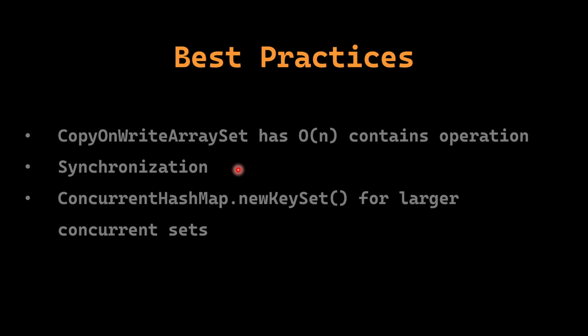Individual method synchronization doesn't protect iteration sequences. Third, consider using ConcurrentHashMap.newKeySet as an alternative to CopyOnWriteArraySet for larger concurrent sets where O(n) operations are important.